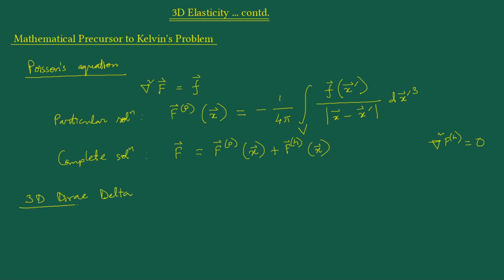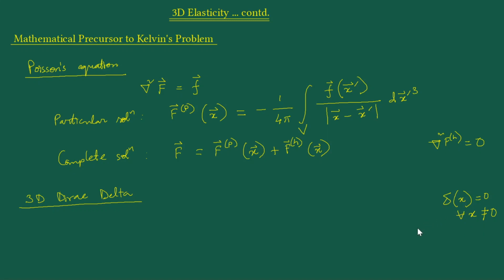Now all of you are familiar with the simple Dirac Delta from our engineering mathematics. If you have a thing like delta x, it is defined in such a fashion that this is equal to 0 for all x which is not 0, and at x equal to 0 there is a spike.